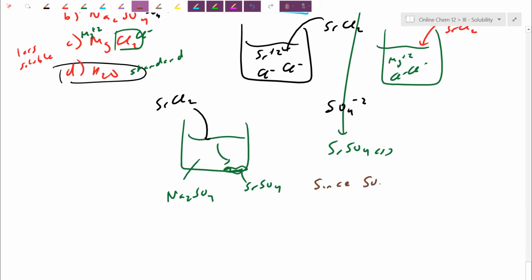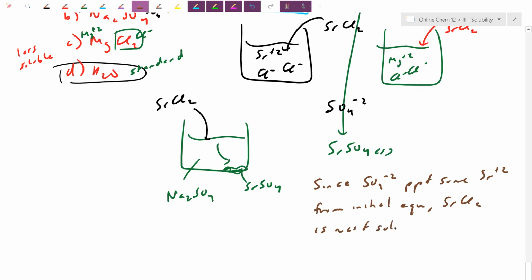Since sulfate precipitates some strontium from the initial equilibrium, the SrCl2 is actually most soluble, right? It dissolves the best. We saw that by saying the equilibrium shifts right if I have equimolar concentrations of the Na2SO4.